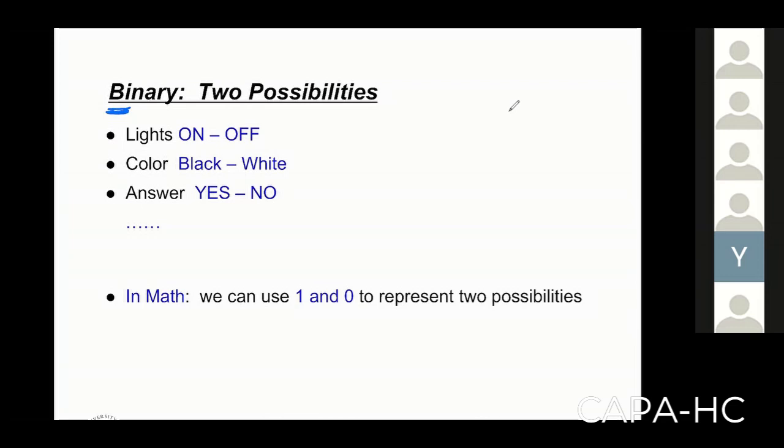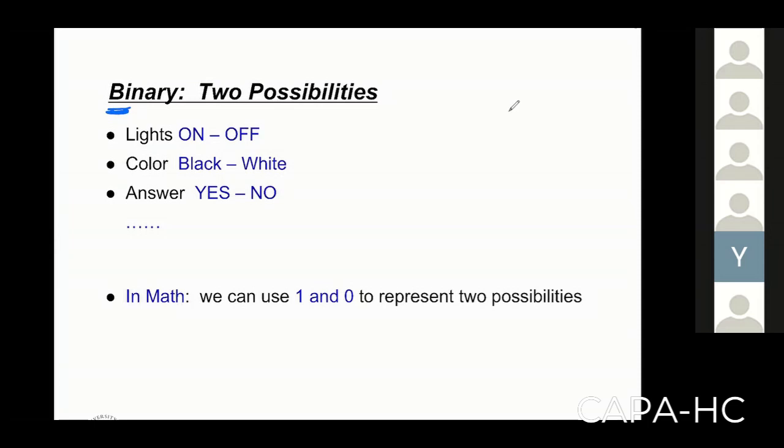For example, many of the things around us have 2 possibilities. So I saw my friend Sophie Wu is there, my daughter. Can you give us some examples, as I try to unmute you, where you only have 2 choices? I see.